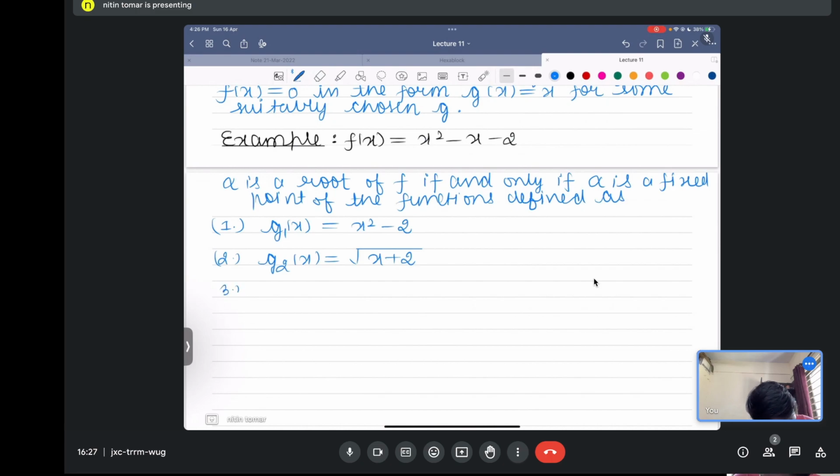And third is g3(x) is 1 plus 2 by x. So if g1 has a fixed point, then f has a root and vice versa. It is easy to see. So the choice is not unique.